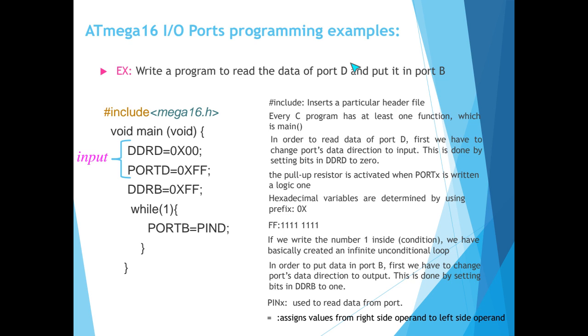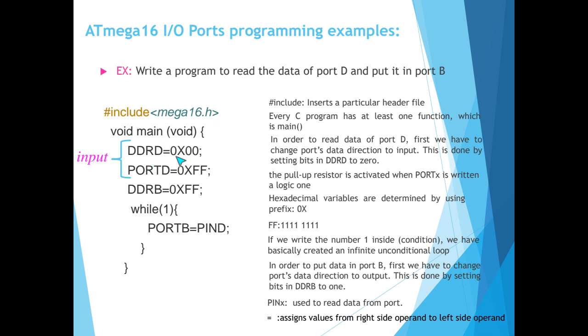Then we use the DDRD register. And we said that for determining the port pins or bits as input, all of the bits that we want to configure as input should be written as logic 0. Then, as you see here, each of the registers includes 8 bits.